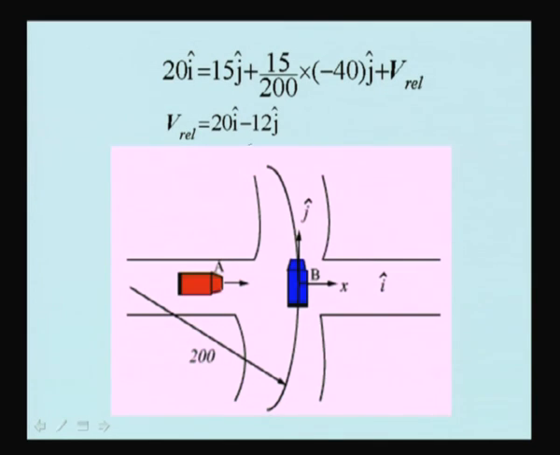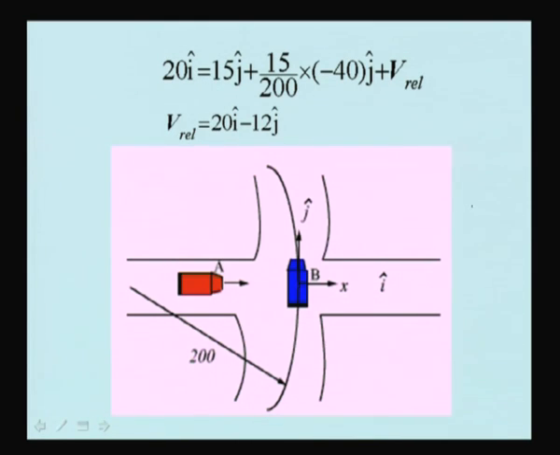Therefore, solving this, we get VL is equal to 20i minus 12j. This is the velocity of the car A as observed by the person sitting in car B.